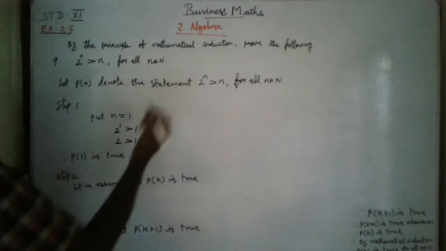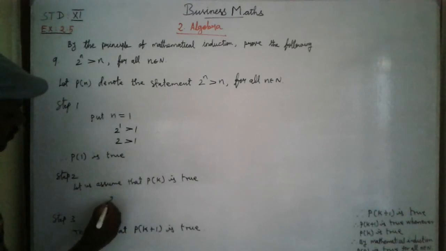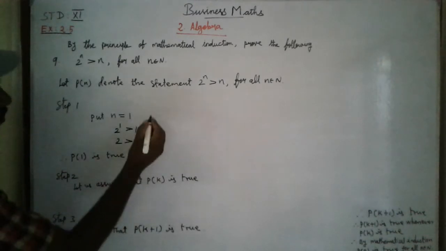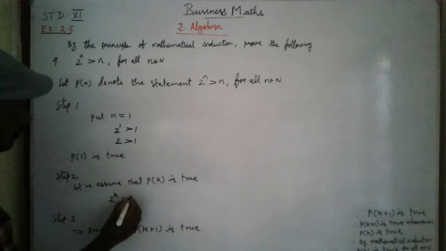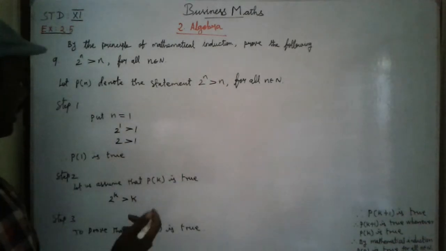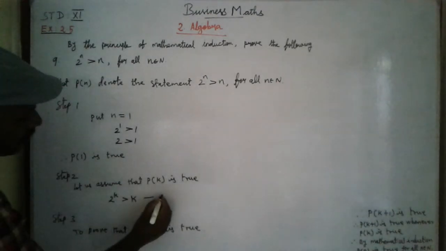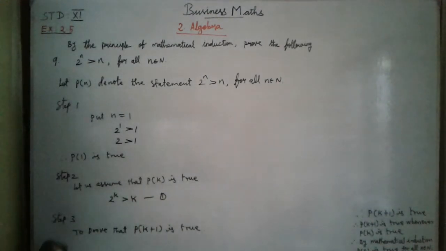So n is k, we should substitute. P of k is true, then 2 power k greater than k. 2 power k greater than k. This is equation number 1. Step 3, to prove that p of k plus 1 is true.